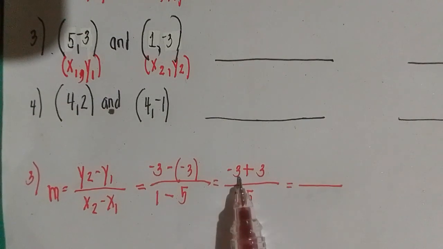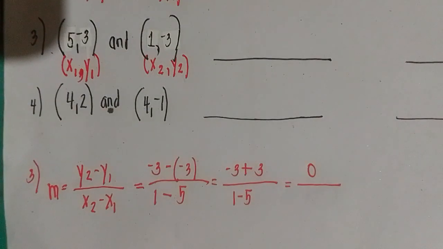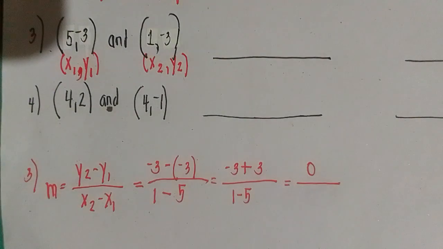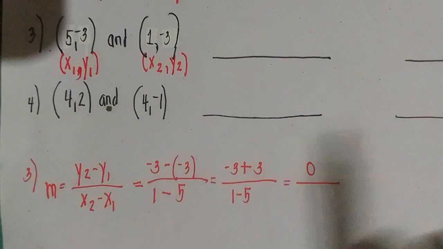We subtract 3 and 3, and it becomes 0. And the 0, class, stays as is. Please take note that 0 is neither positive nor negative.